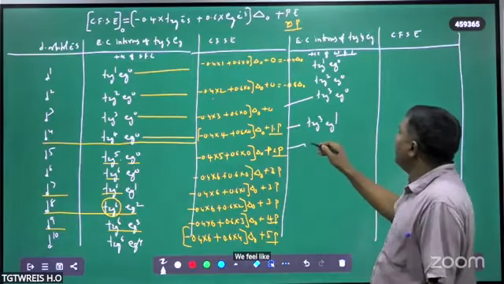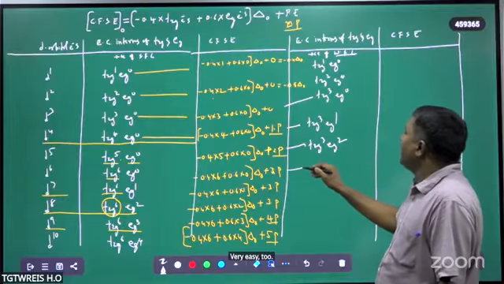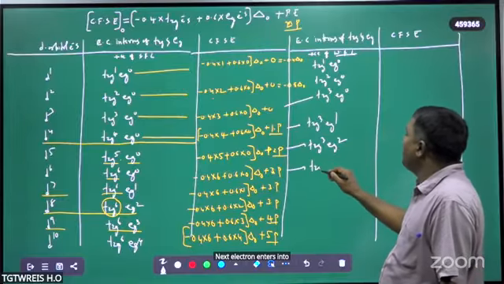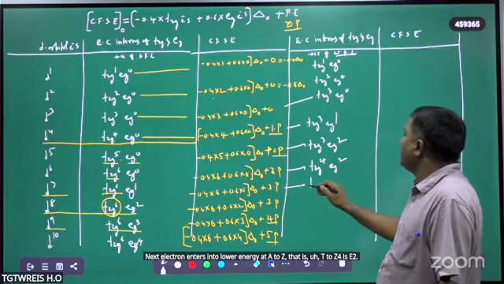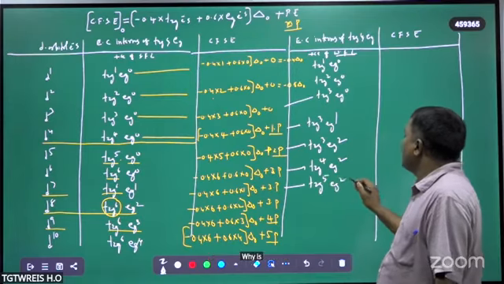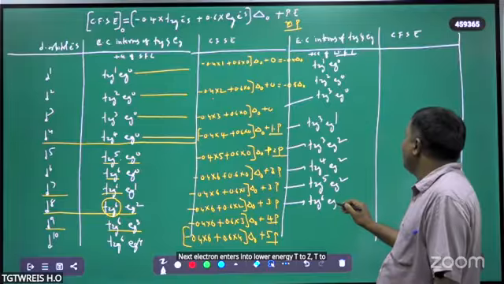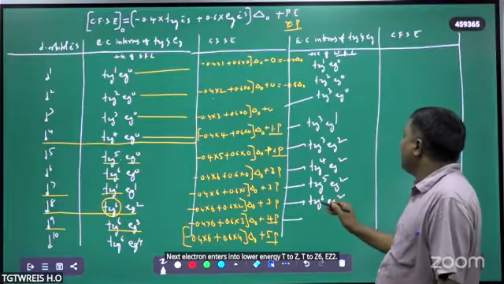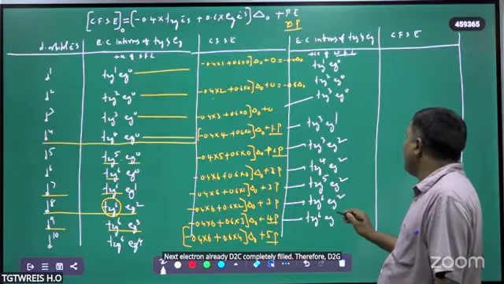Next is what now? t2g3 eg2. Next electron enters into lower energy t2g, that is t2g4 eg2. Next electron enters into t2g5 eg2. Next electron enters into lower energy t2g, t2g6 eg2. Next, t2g is completely filled, therefore t2g6 eg3.